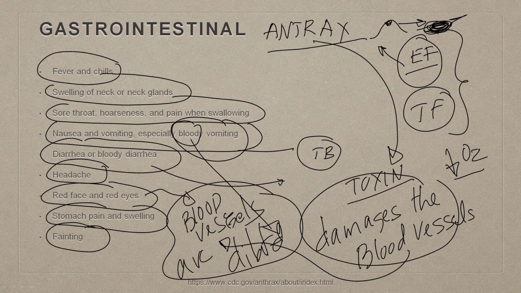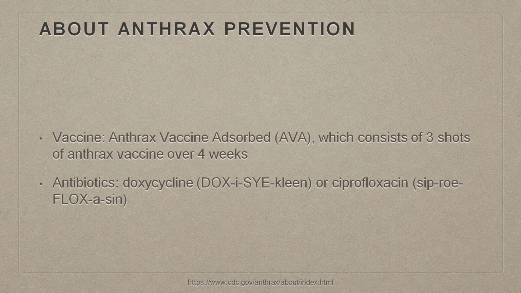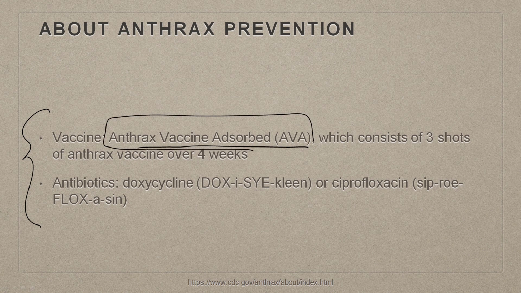Okay. Now we move on to anthrax prevention. There is a vaccine called anthrax vaccine adsorbed, AVA. This is one of the known vaccines, 3 shots of anthrax vaccine over 4 weeks. Now think of it.